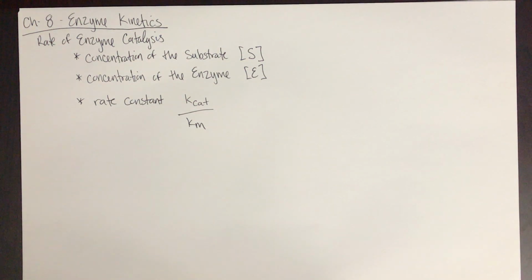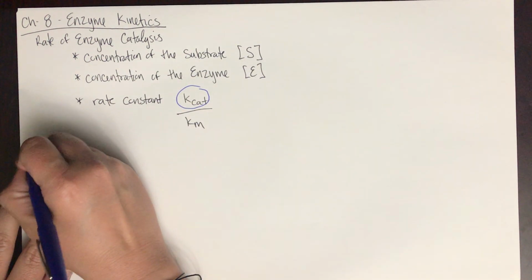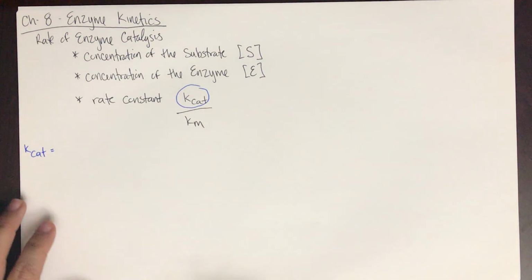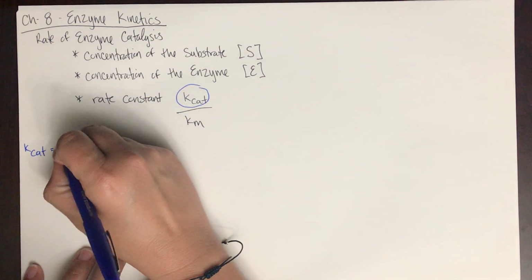And these are both terms that we have not identified or defined yet. So let's take a look at those. So I'm going to define those, and then we're going to look at some graphs that are going to explain this in a little more detail. So let's look at Kcat first. So Kcat, Cat stands for catalysis. Kcat is called the turnover number.